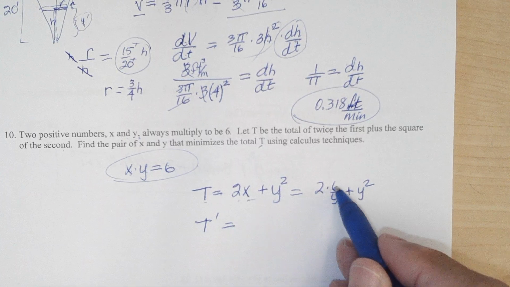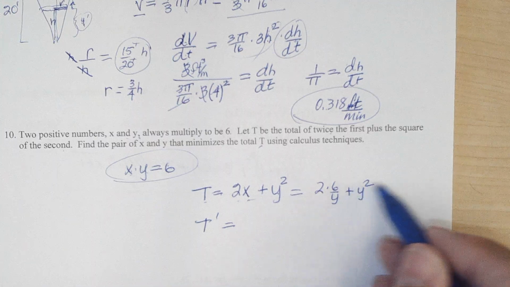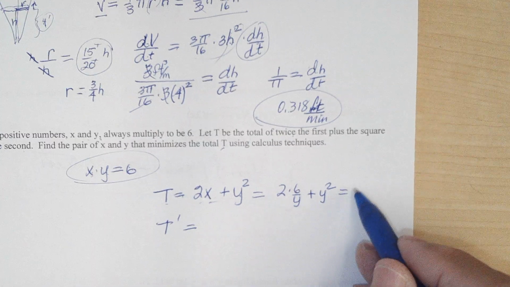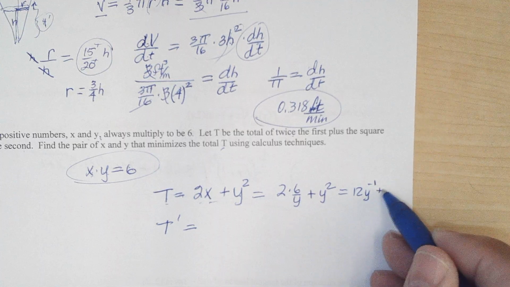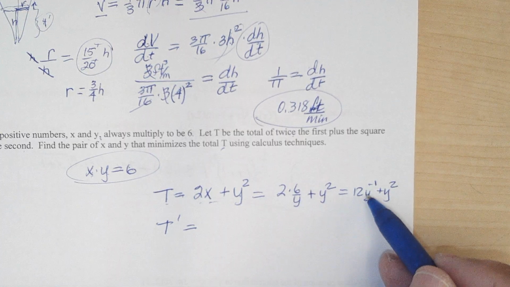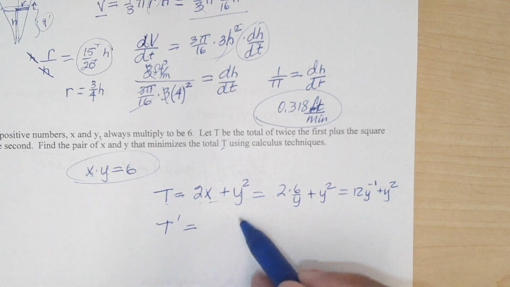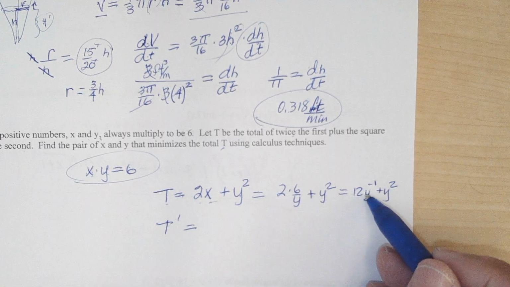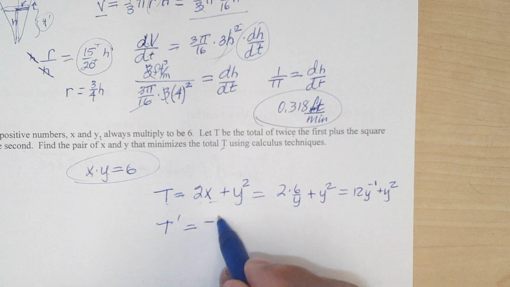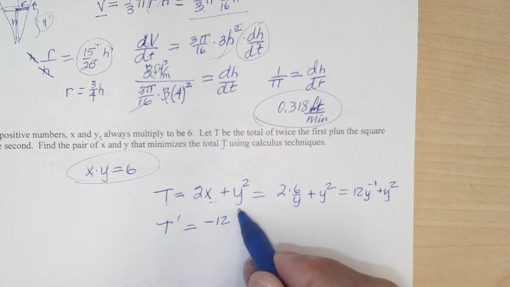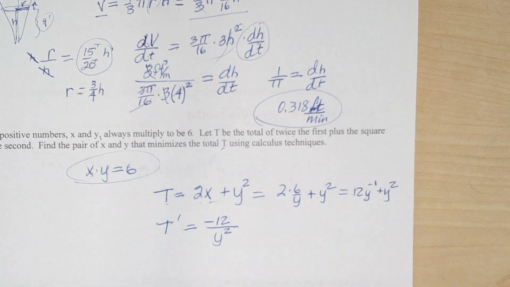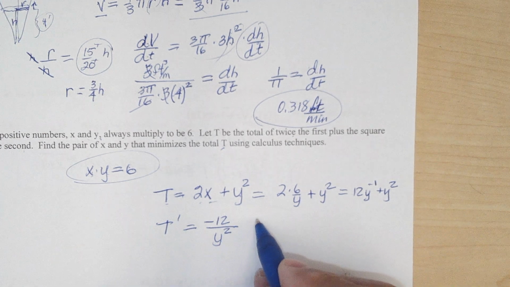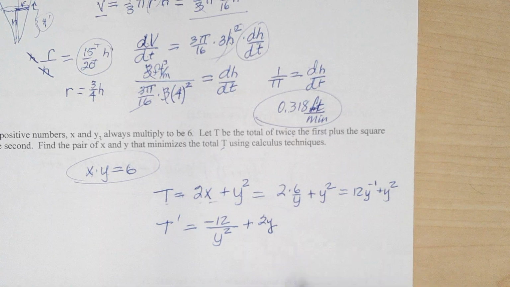of this. So that's 12y to the negative 1 plus y squared. Derivative of y to the negative 1 is negative 1 y to the negative 2. So negative 12 y to the negative 2 is a y squared in the denominator, plus the derivative of y squared is 2y.